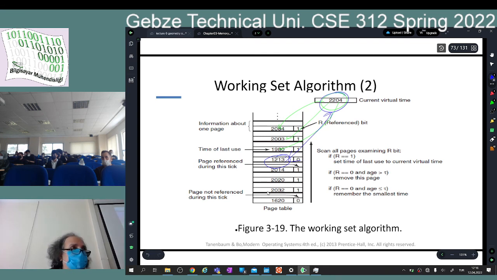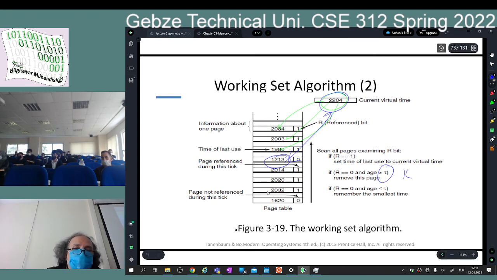That will give me the age: how many clock interrupts happened between this time and the time when this page was last accessed? If that age is larger than some threshold value, this is the k value, remember you should choose a k, then I should remove this page.